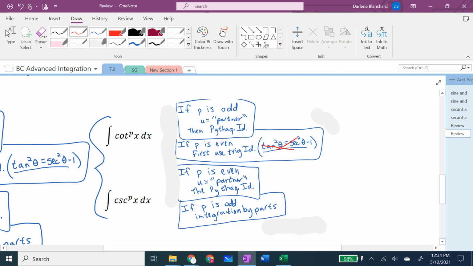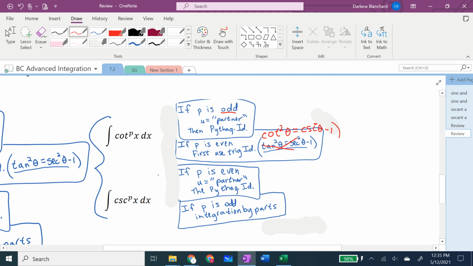This isn't the trig identity. That's the trig identity. Other than that, all of this is the same thing. So if cotangent has an odd exponent, who is cotangent's partner?